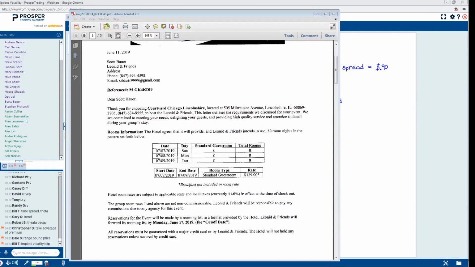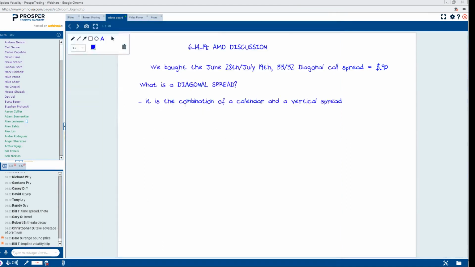Whoop, that shouldn't be there. Why is that there? That's so weird. Sorry. Okay, implied volatility blip. Or what if there's not a difference in implied volatility?